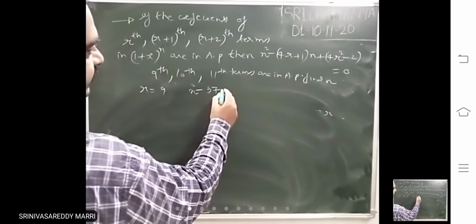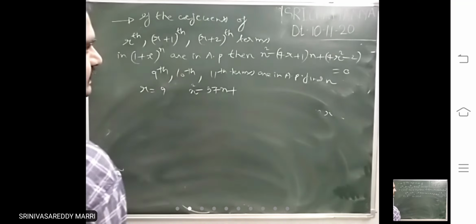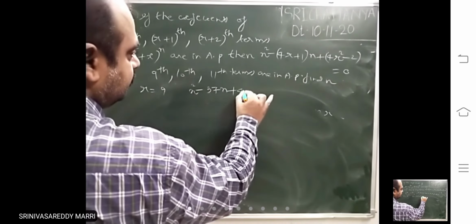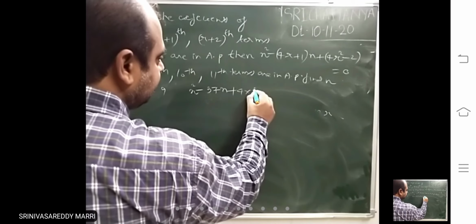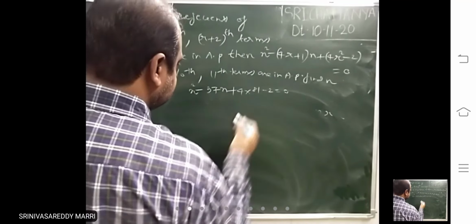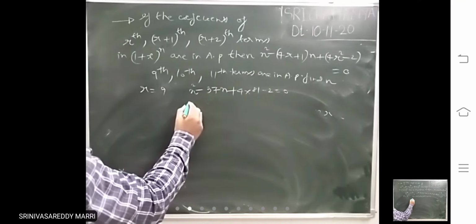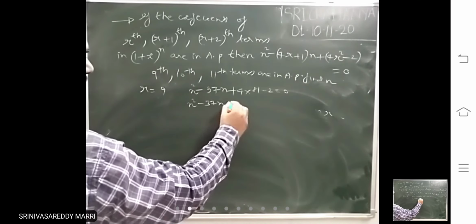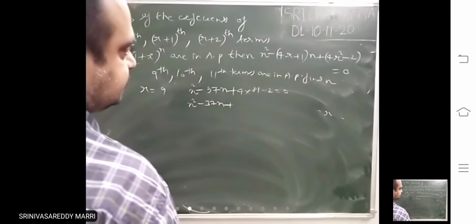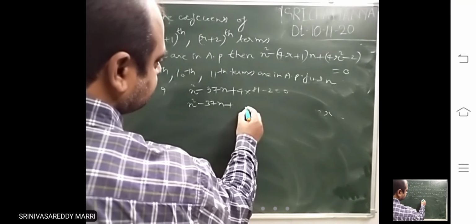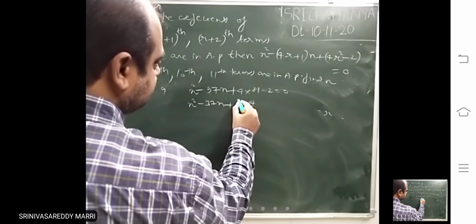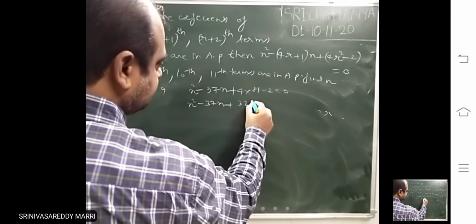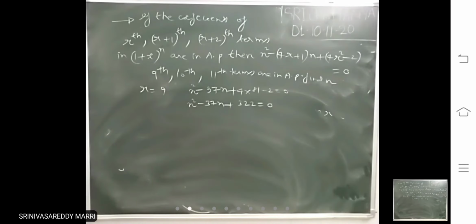So n square minus 37n plus 4 into 81 minus 2 equals 0. That means what you will get, n square minus 37n plus 322 equals 0. Calculate n from this. Tell the answer, what is n? Fast.